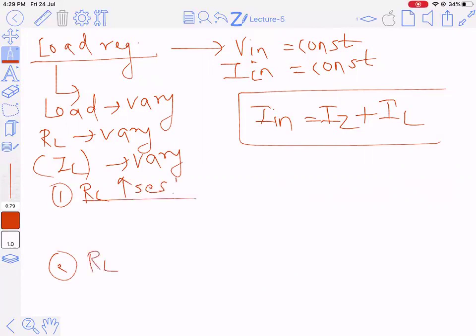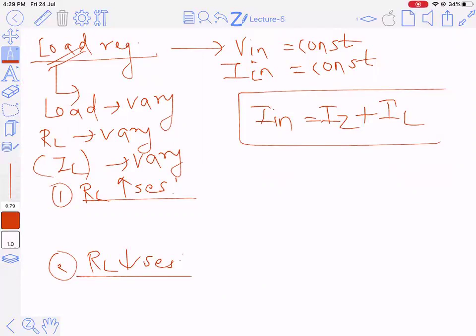If RL decreases in the circuit, then what happens? When my load is varying, I need my output voltage to be constant. That is the meaning of regulation.